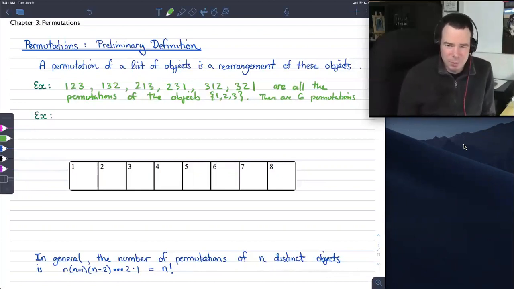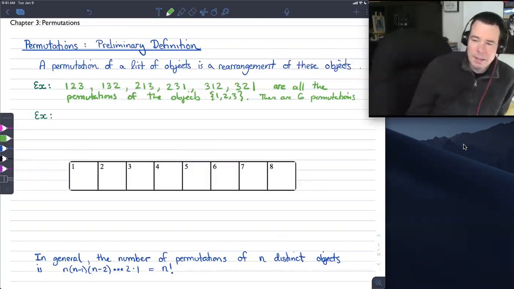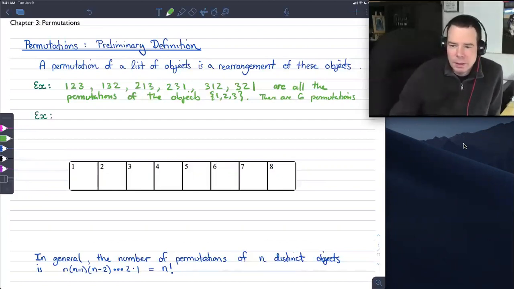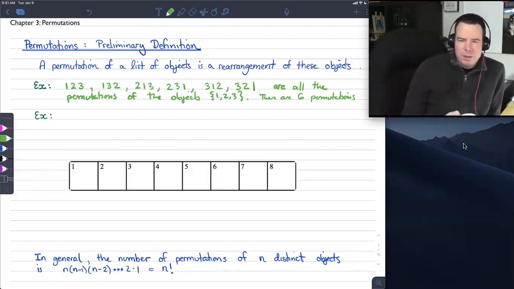But as I said, we're going to be more interested in not so much these permutations as static objects, like 1, 2, 3 is a permutation where things haven't been reordered in any way. 1, 3, 2, the second one there, is a permutation. But we're going to be more interested in not 1, 3, 2 as a static arrangement, but as how it was obtained.